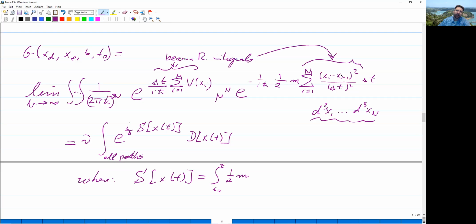This is delta x over delta t. That's the velocity. In fact, it's the velocity squared. You see, the reason why we put a delta t squared in the denominator is so that we get the velocity squared here and a delta t that makes the whole thing into a Riemann integral. So what we have here is x dot of t squared dt.